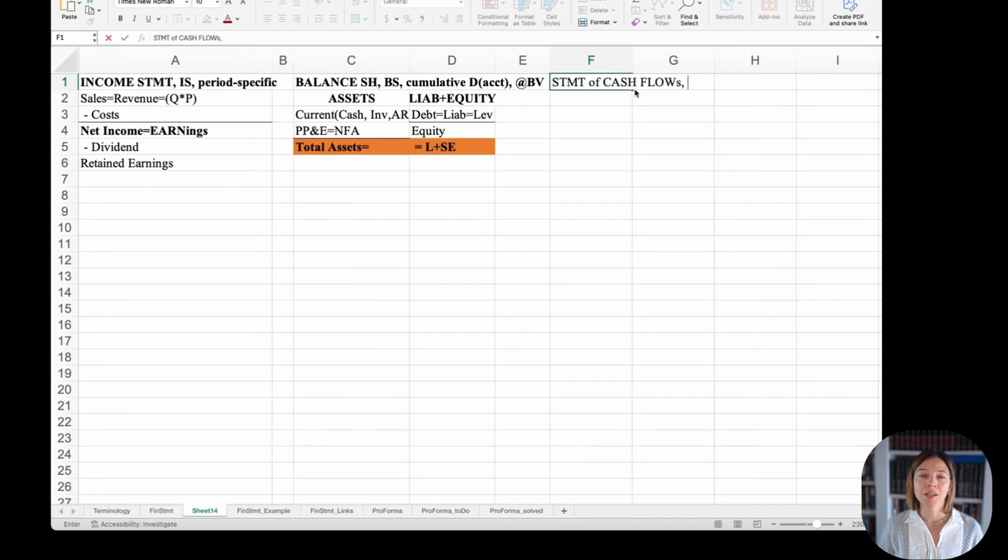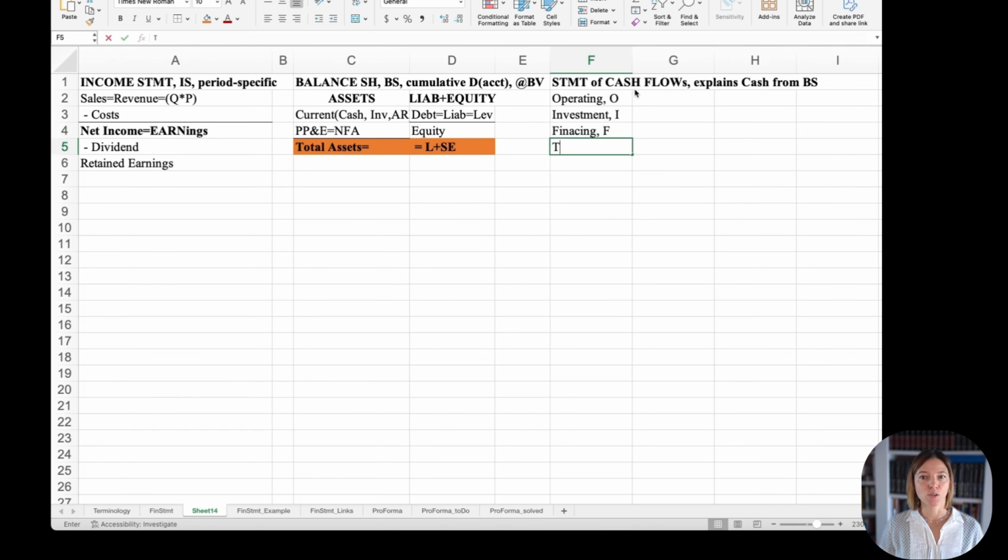That account is kind of a giveaway in its name, statement of cash flows. It explains the cash account from the balance sheet. And it splits up the change in cash from the balance sheet into 3 subparts: operating cash flows, we'll call them O, investment cash flows, and financing cash flows.